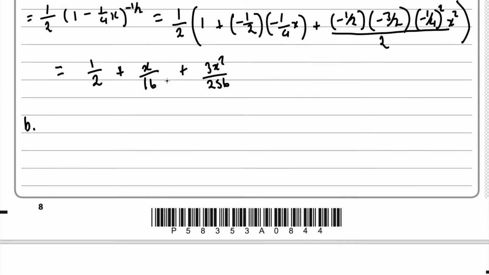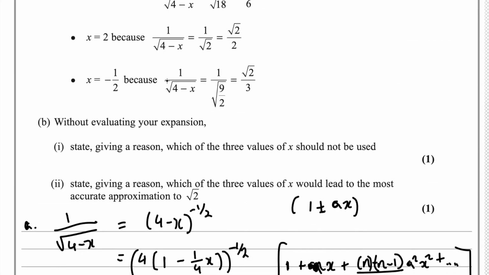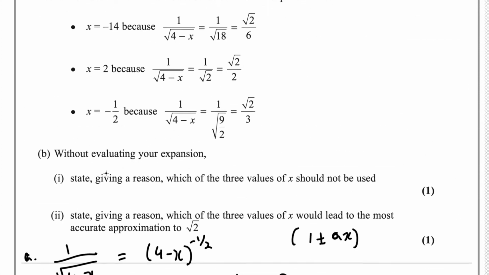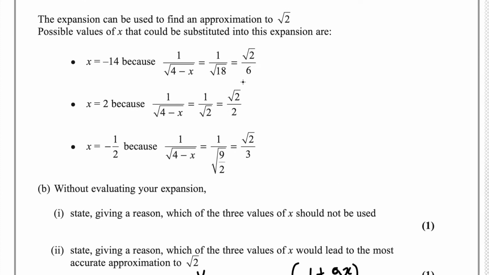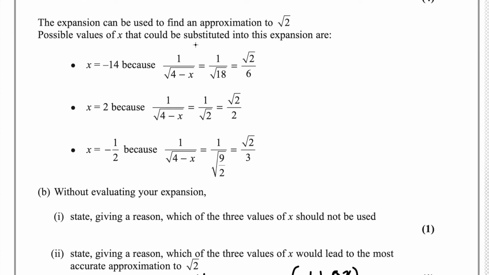Part B now. What part B is asking is to state, giving a reason, which of the 3 values of x should not be used. They are using this expansion in order to find an approximation for root 2.